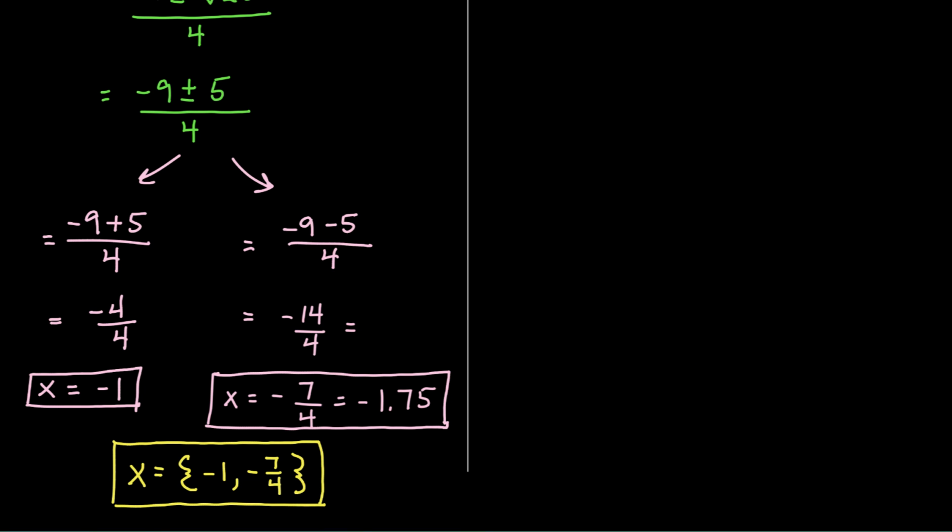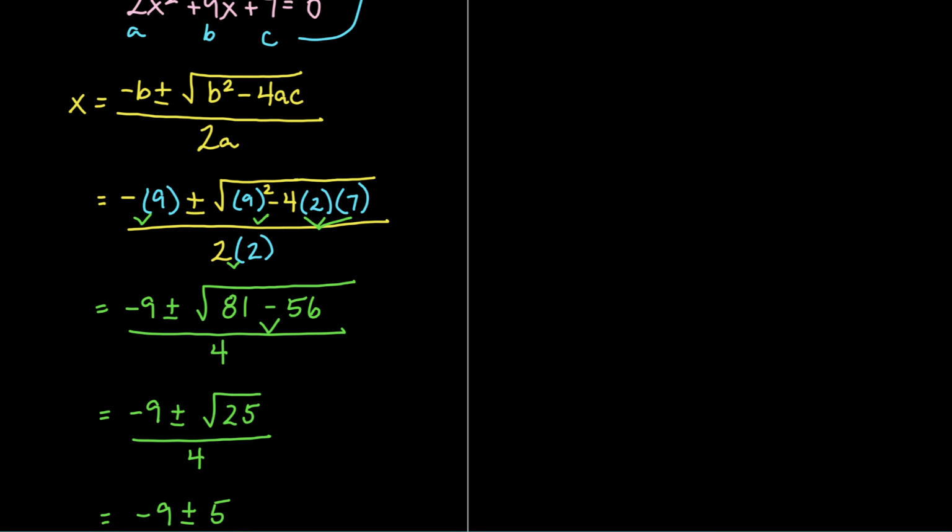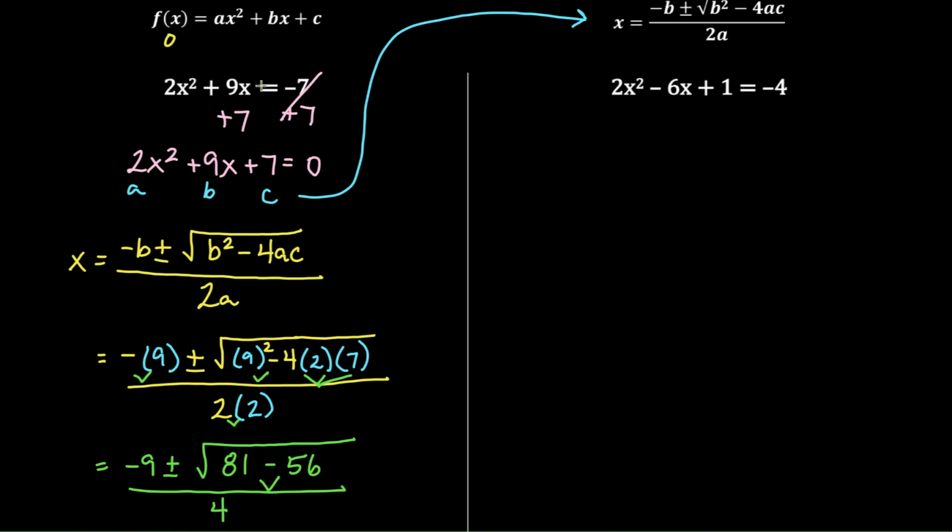It means that in order for this equation, 2x squared plus 9x equals negative 7, to be true, x can be negative 1 or x can be negative 7 over 4.